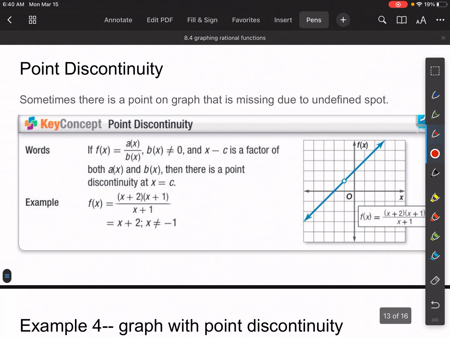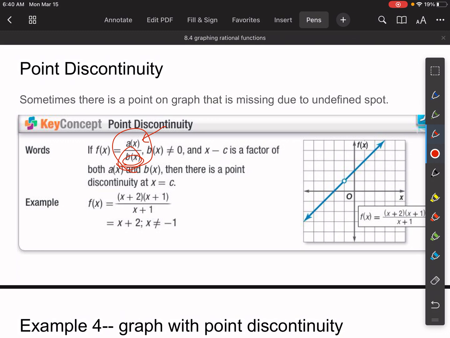So the last bit is point discontinuity. Basically, if you have a rational function with a polynomial in the numerator and denominator, and the denominator is not 0, and x minus c, some constant, is a factor of both numerator and denominator, then we know that that is a point of discontinuity.